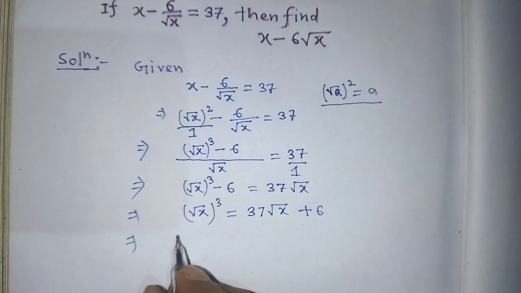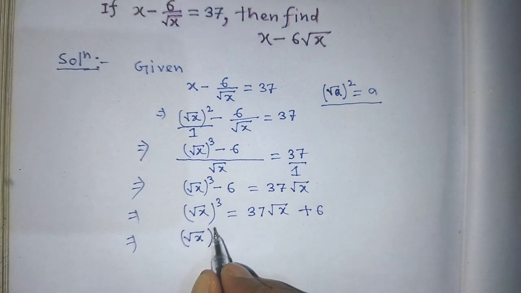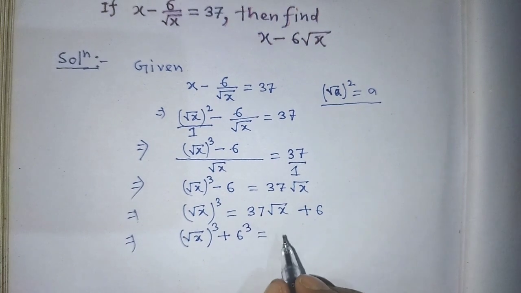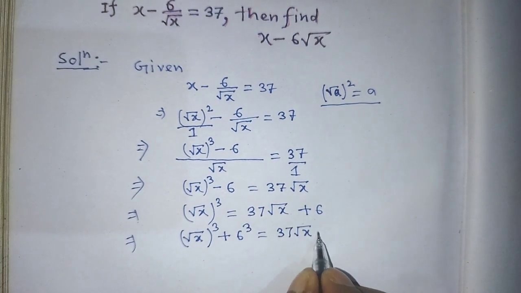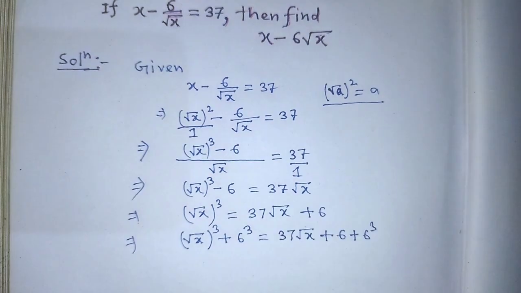On the left hand side we write root of x whole to the power 3 plus 6 cube is equal to, on the right hand side, 37 root of x plus 6 plus 6 cube. After adding 6 cube on both sides, you get this type of terms on both sides.